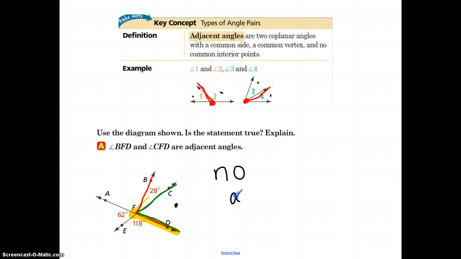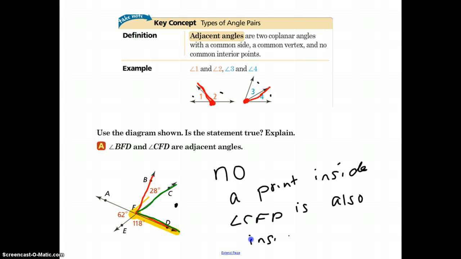You can say, explain: a point inside angle CFD is also inside angle BFD. So that's the reason why these are not adjacent angles.